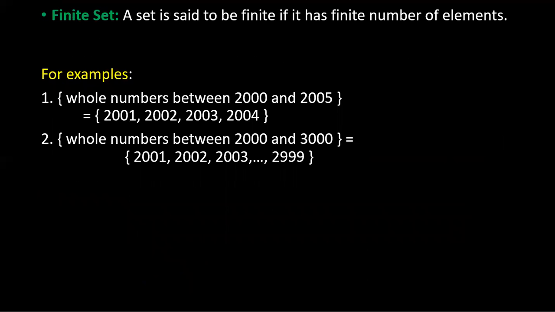Now we'll see different types of set. What is finite? The word finite indicates that we have a finite number of elements in the set. Suppose we include some numbers like 1, 2, 3, 4, 5.